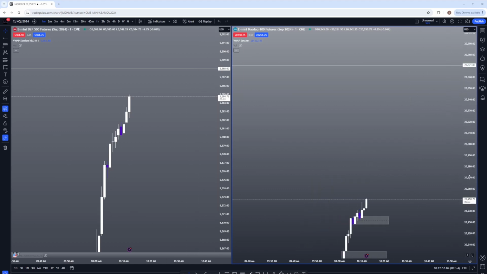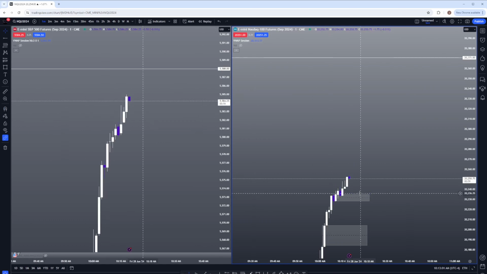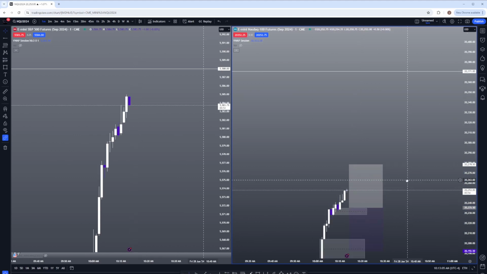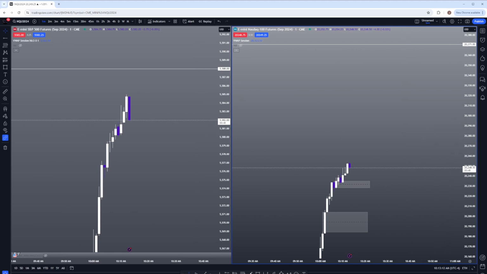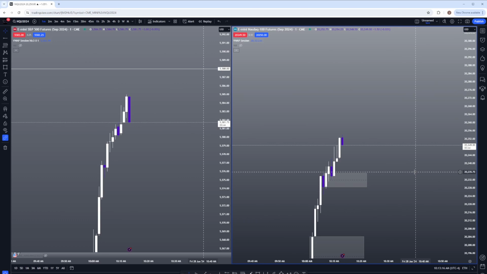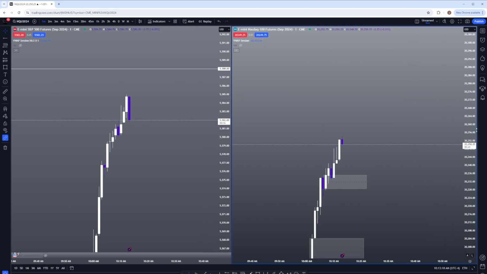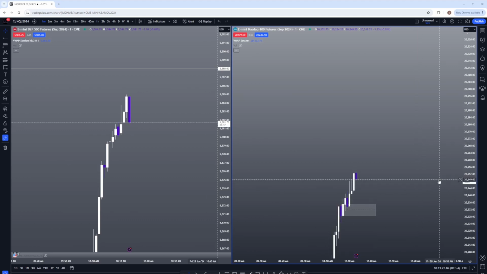So from here we still have until all-time highs. Let's say you did get an entry off that support level, off that 1 minute order block. That's still 500 plus ticks away. So there's still a lot of reward to be had here. And I don't expect us to go to that level right now. I expect us to get some kind of pullback before we end up going back to all-time highs.